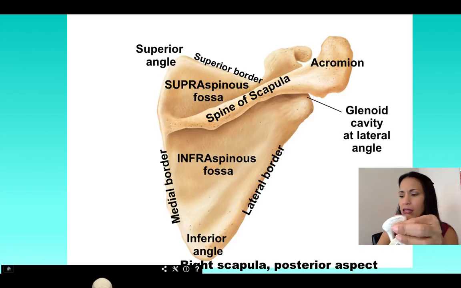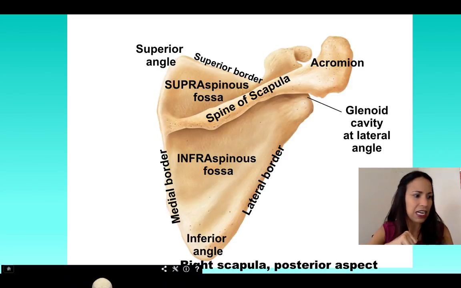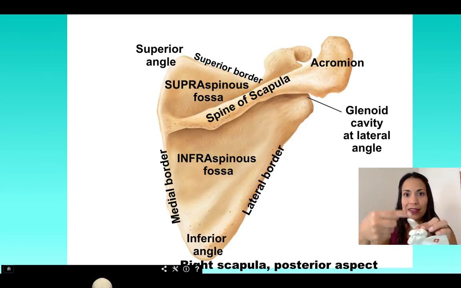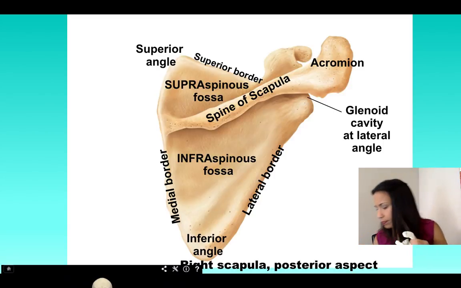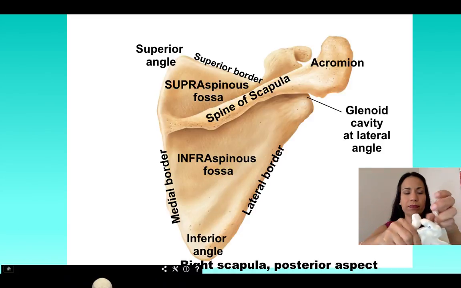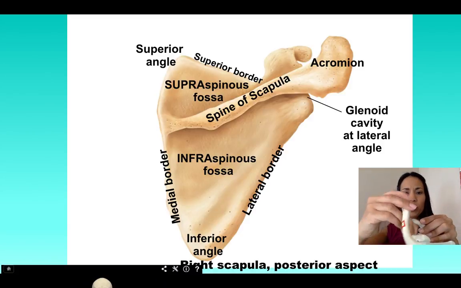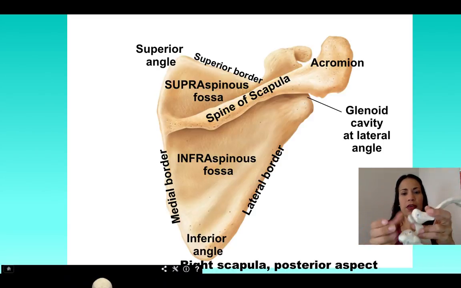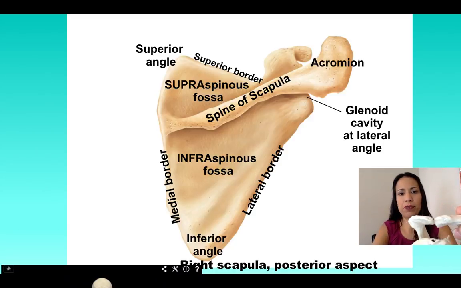And you know already that the acromion, I put the clavicle away, articulates with the acromial end of the clavicle to form the acromioclavicular joint. Acromial end of the clavicle, I'm sorry, and this is anterior, and the acromion of the scapula.